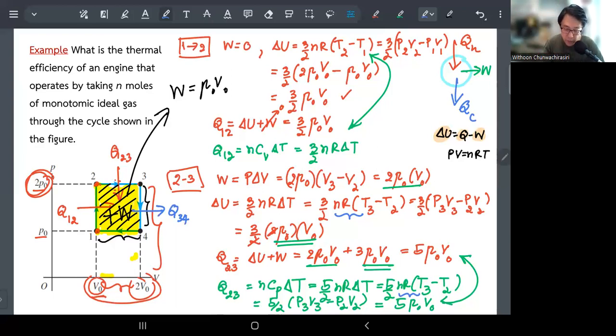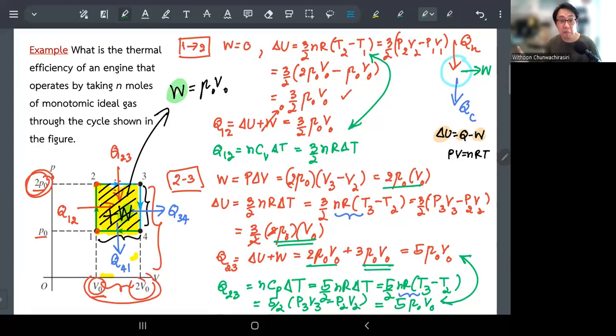If you do 4 to 1, it's a contraction at constant pressure, so everything is reversed. Even if you don't calculate the heat here, it's going to be heat flowing out. But by the conservation of energy, the incoming heat minus the outgoing heat has to be what? Of course, it has to be work. Does that make sense?